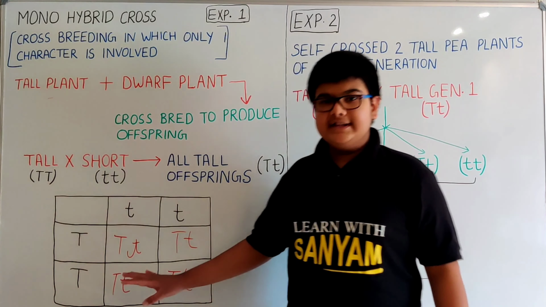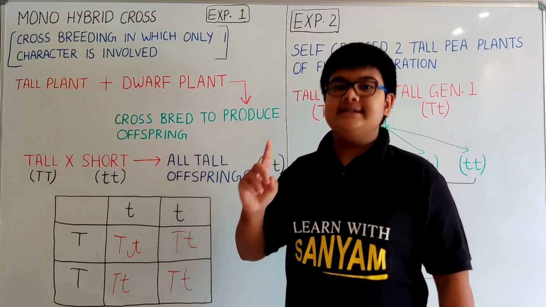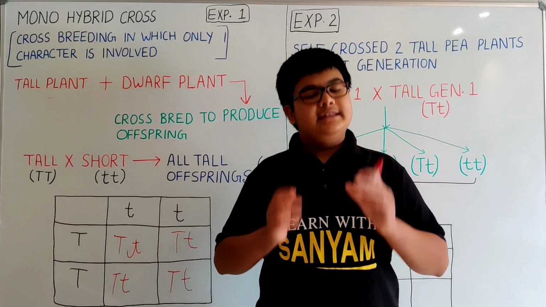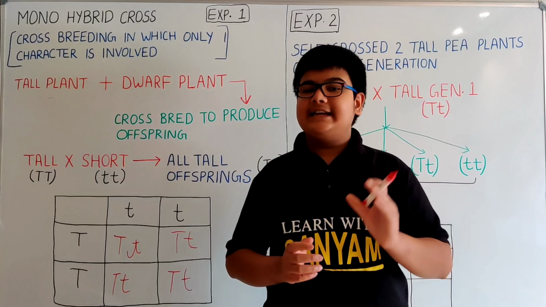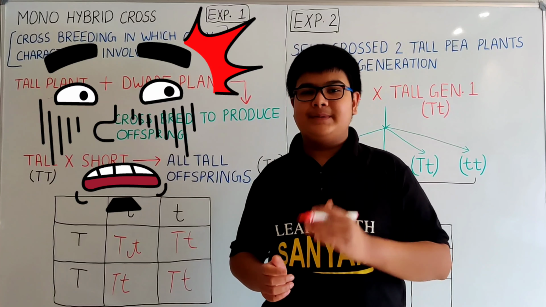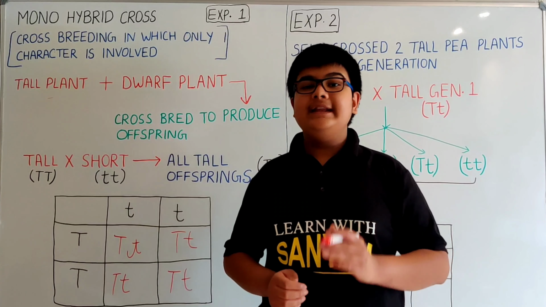So you can see that all 4 offspring have one tallness and one shortness character. Therefore, Mendel thought he should get medium-sized plants, but he was shocked to find that all the offspring were tall.